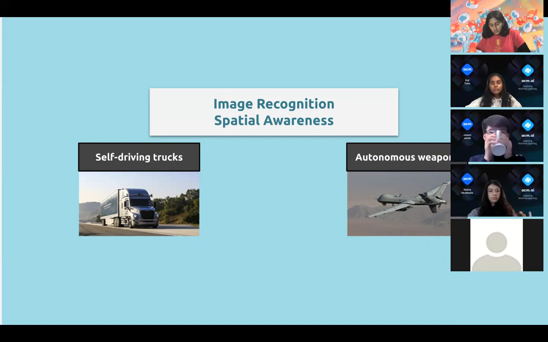Spatial awareness is a vehicle being able to know its location relative to other objects, like knowing there's a car next to it or behind it, and a bicyclist on the other side. They have the same underlying technology, which essentially means we are not able to improve one without also improving the other. So it's important that we keep those connections in mind.